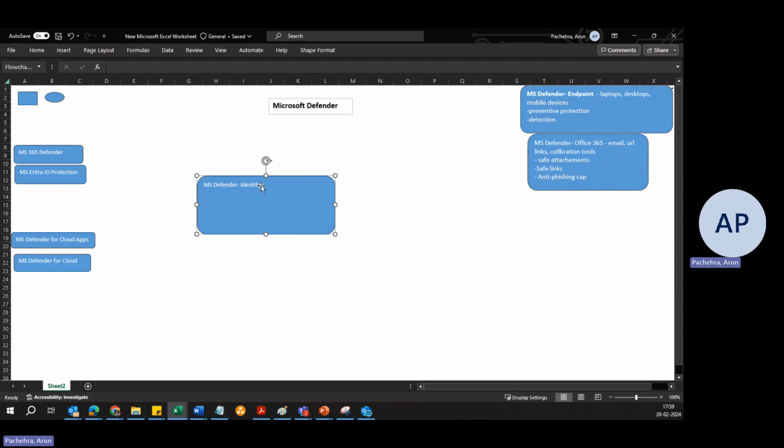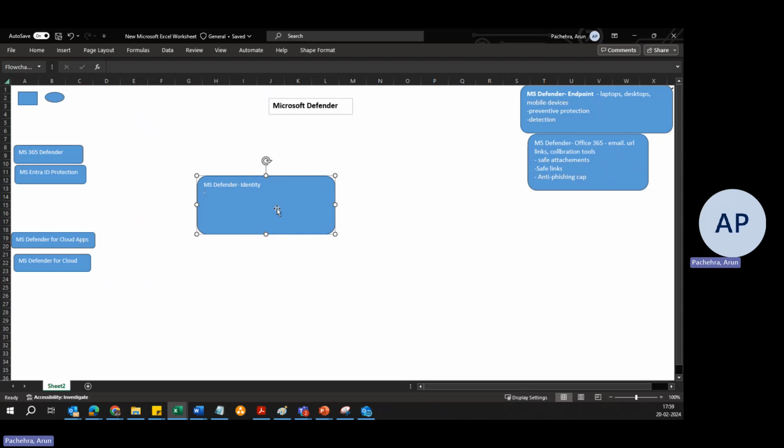And it focuses on, guess what? Identity, of course, but it focuses on identifying, detecting, and investigating advanced threats, compromised identities, and malicious insider action directed at your organization related to your identity.